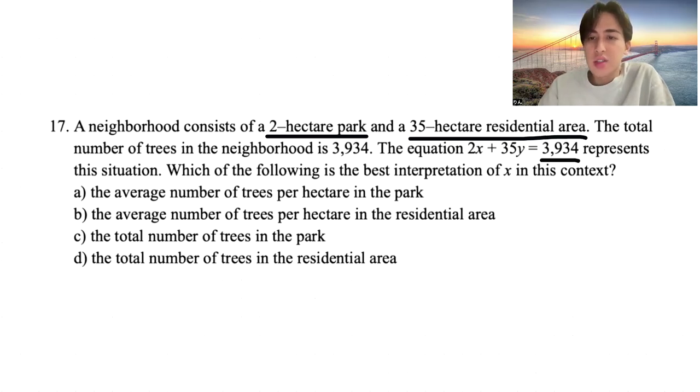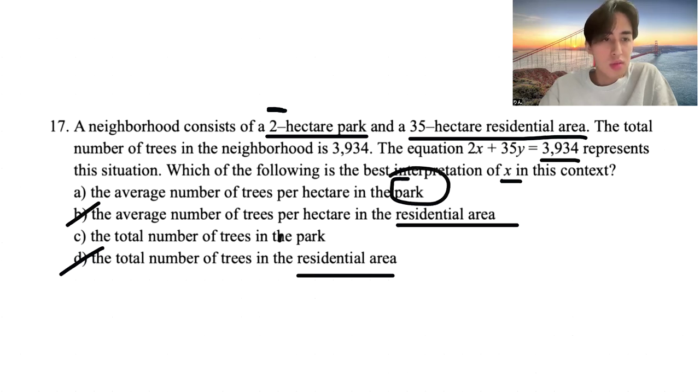So since we're looking for the interpretation of x, it has to deal with the park because it's being multiplied by 2, the 2-hectare park. So your answer cannot be B or D, because those deal with the residential areas. It has to deal with the park. So A is the answer.